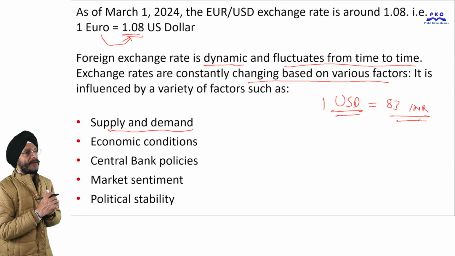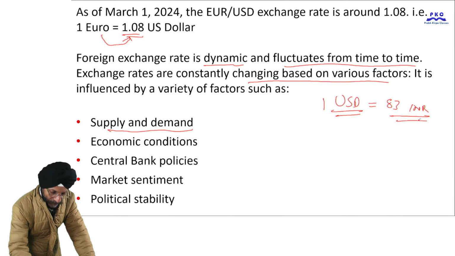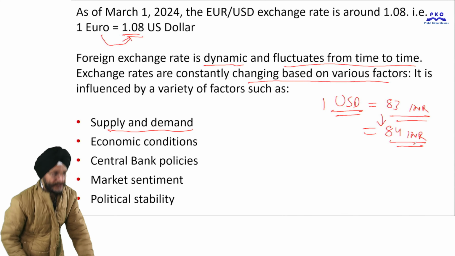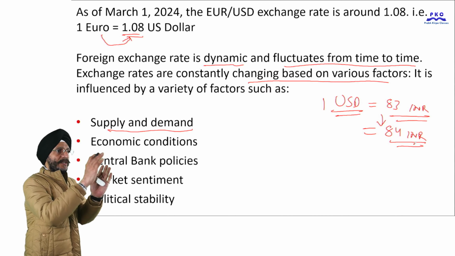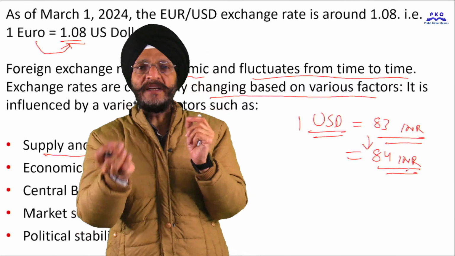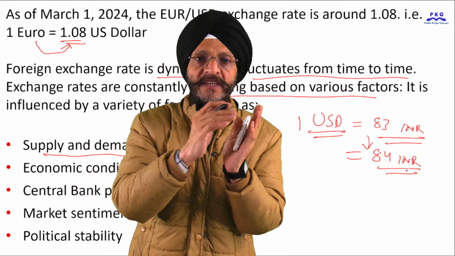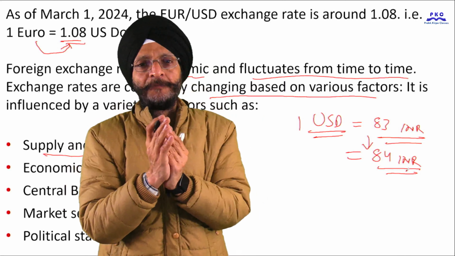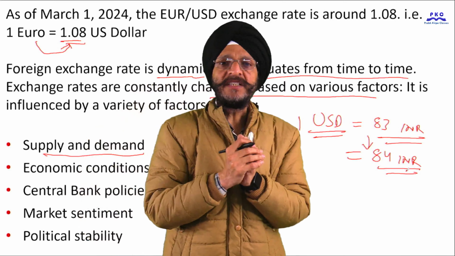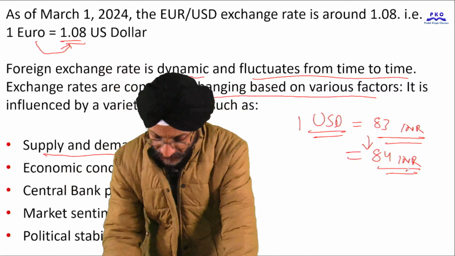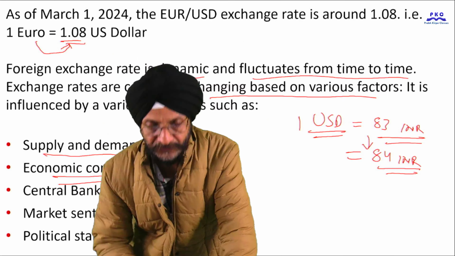If there is high demand, it may be possible that its price may increase, that is, the exchange rate may increase. Or if the demand for the US dollar decreases, it is quite possible that it may decrease. In the same way, if the supply of one currency is more, then its exchange rate in comparison to other currencies may fall.